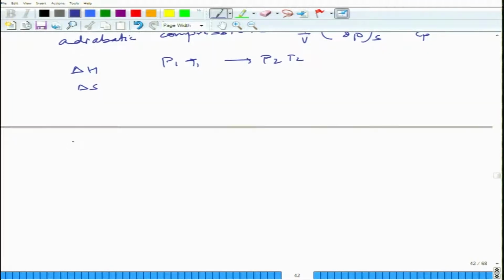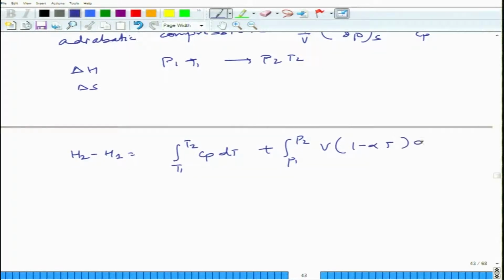For delta H, H2 minus H1 is the integral from T1 to T2 of Cp dT plus the integral from P1 to P2 of V times 1 minus alpha T dP. It is easy to derive with a path based calculation, starting from dH equal to T dS plus V dP, and doing the next few steps.